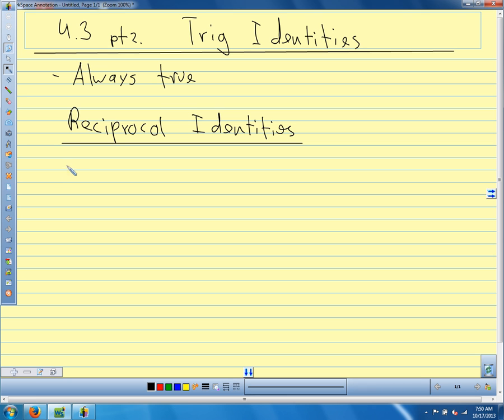We talked about them. The cosecant of an angle, what function is it related to? Sine. So cosecant, we've said this before, is 1 over sine theta.